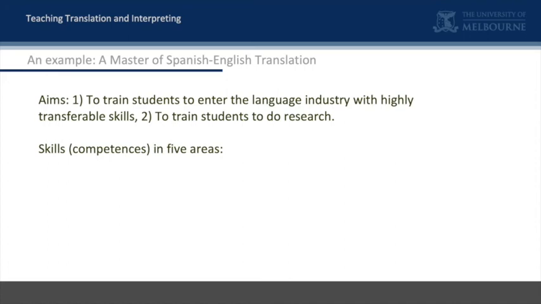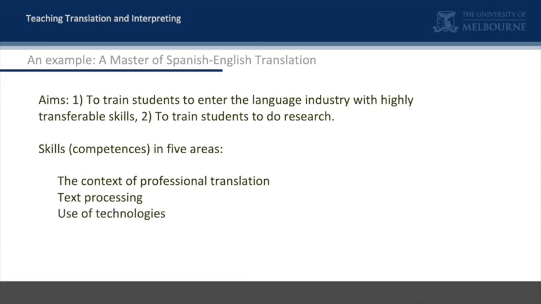I figured out my competences, but I call them skills. I said there are 5 areas I wanted to do it in. People have to know about professional translation and the profession, and that's actually where I do theory stuff, but it's more sociology and theory. They have to be able to process text and use technologies.